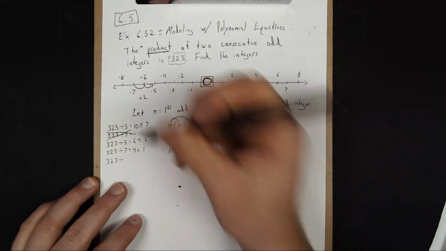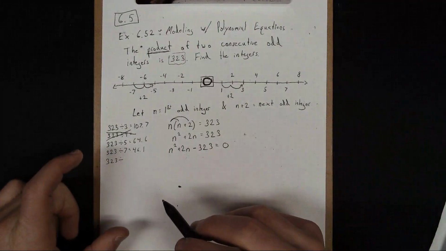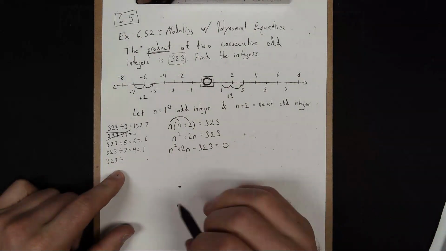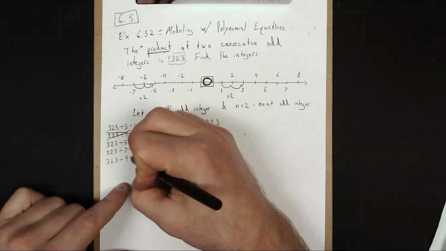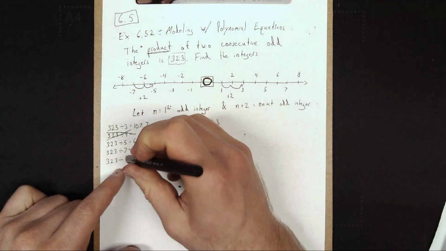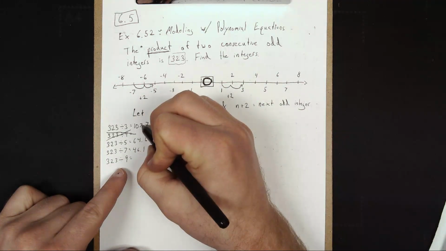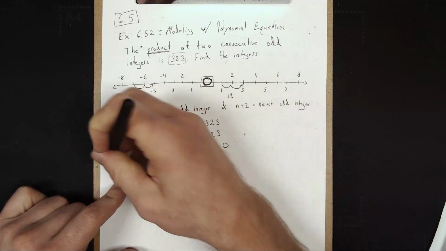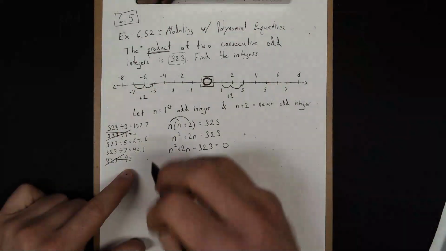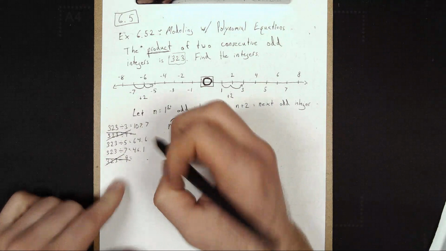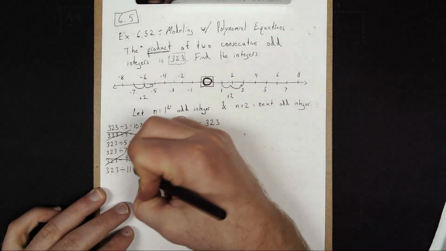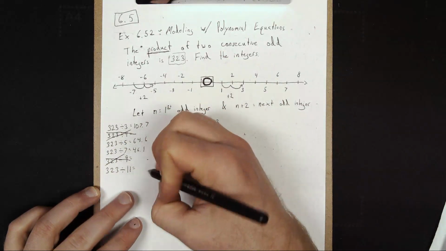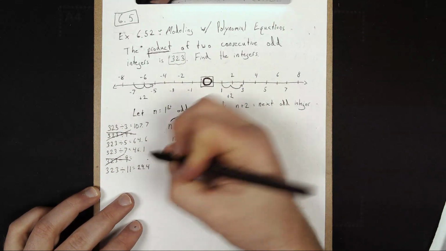323 divided by 8? No, because it's even. Would I do 9? No, you don't do 9 because we already did 3. If 3 doesn't go in, 9 sure as heck isn't going to go into 323, because 9 is just 3 times 3. So 323 divided by 11 is the next number we check, and that is 29.4.